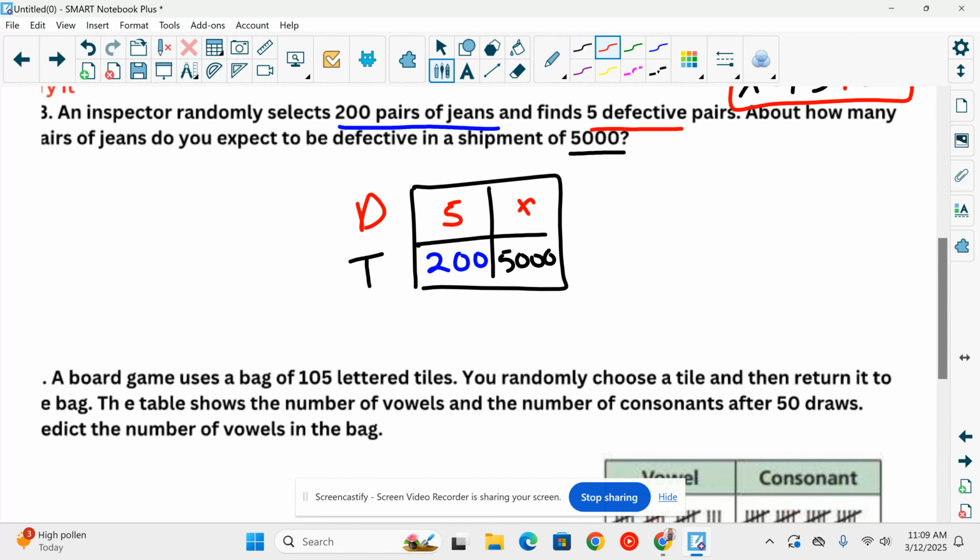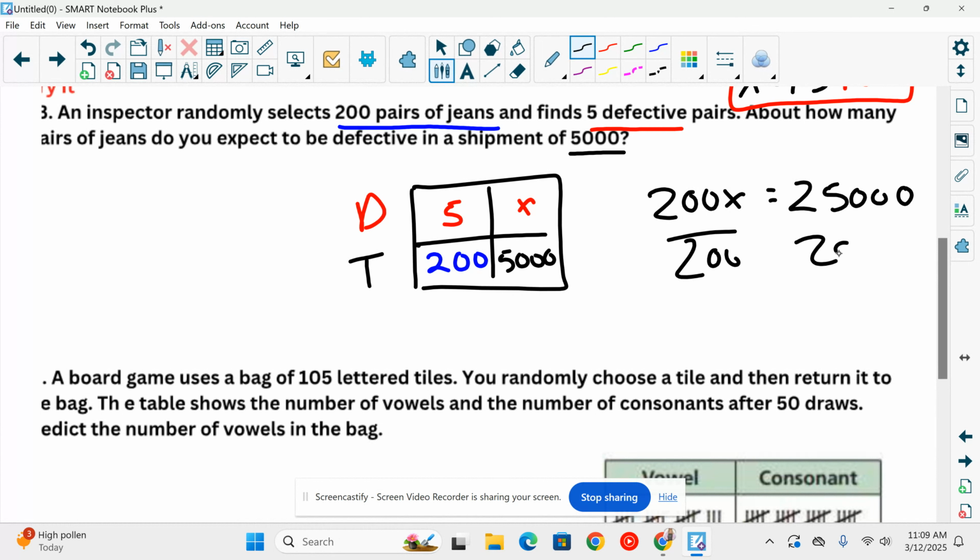So we get 200x. And what's 5,000 times 5? 25,000 equals 200x. Divided by 200, x equals 125. 125 what? Defective jeans.